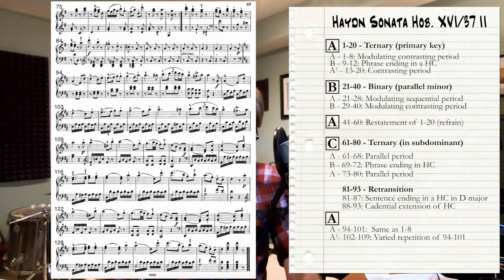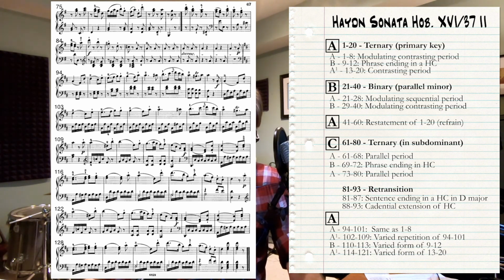Measures 110 through 113 are just like measures 9 through 12, but varied. And then in measures 114 through 121, those are just like measures 13 through 20, also varied here.